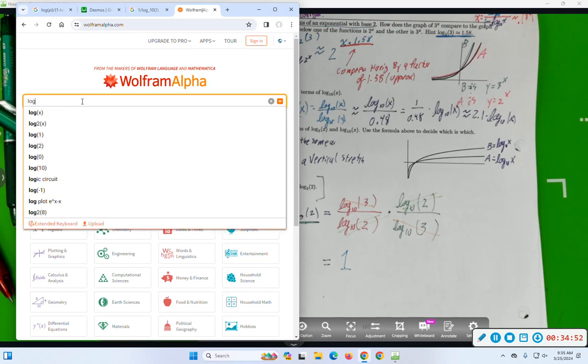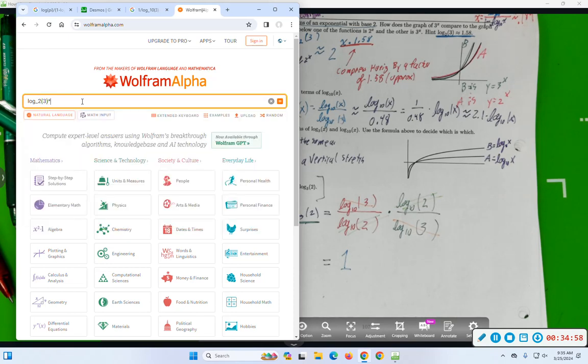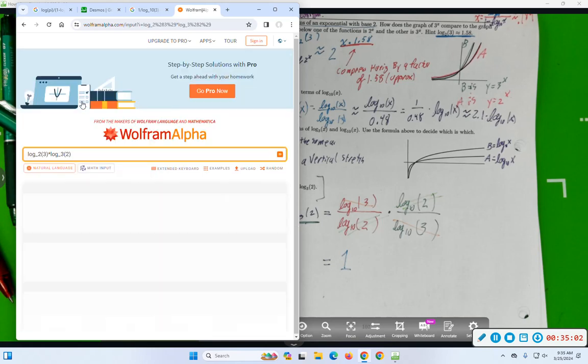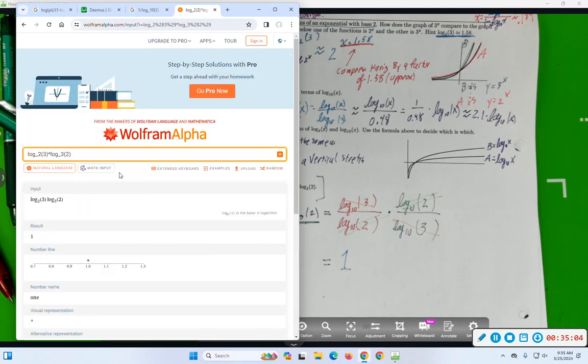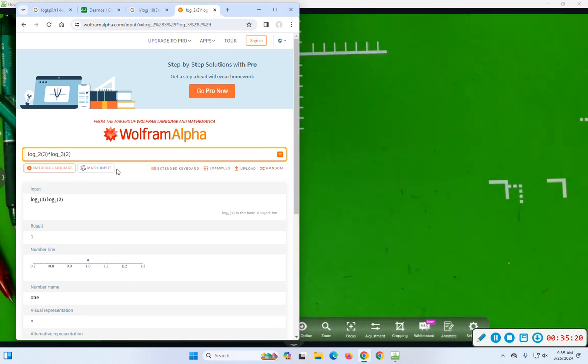Log base 2 of 3 times log base 3 of 2 is 1. That agree with people who used a calculator? All right, cool. So the reason I did that last little double check is whenever you have something complicated and you do some algebra to simplify, see if a machine agrees. Like you did the walk yourself, but you can use a machine to check.